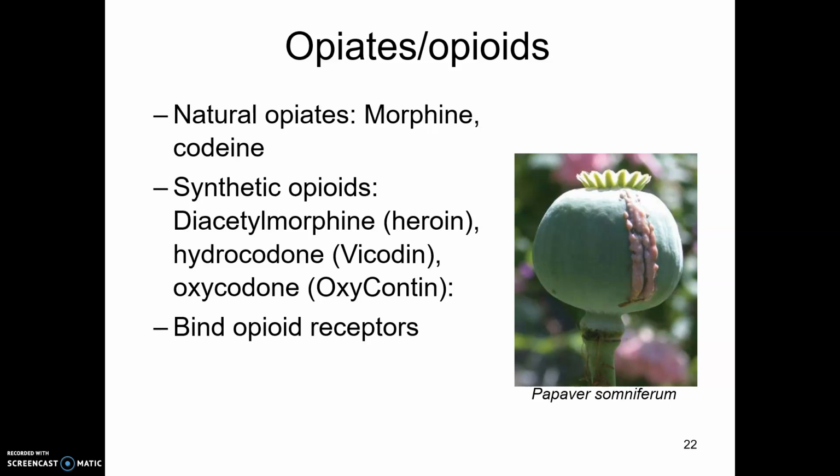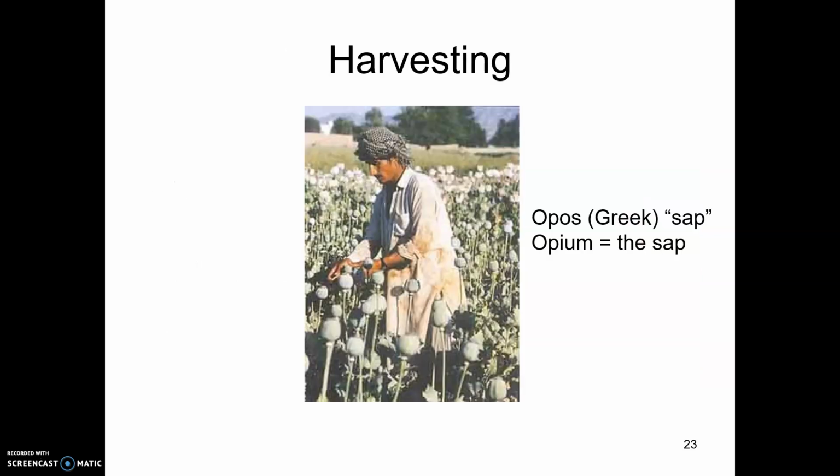We also have synthetic or semi-synthetic ones. That includes diacetyl morphine, better known as heroin, hydrocodone, known as Vicodin, and oxycodone, better known as Oxycontin. These are largely addictive because they cross the blood-brain barrier up to 3 times more efficiently. They are more lipid soluble, and that makes them cross much more easily. All of these drugs bind to opioid receptors.